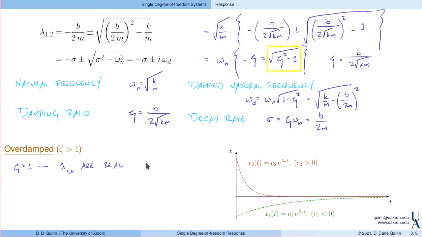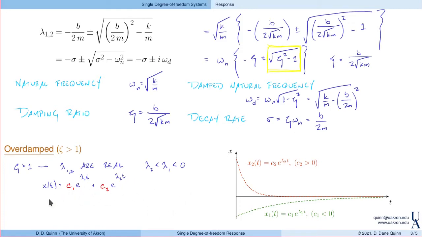We typically assume that lambda 2 is less than lambda 1, which of course is always less than 0. Once again, the general solution looks like an arbitrary constant c1 times e to the lambda 1 t, and an arbitrary constant c2 with e to the lambda 2 t.